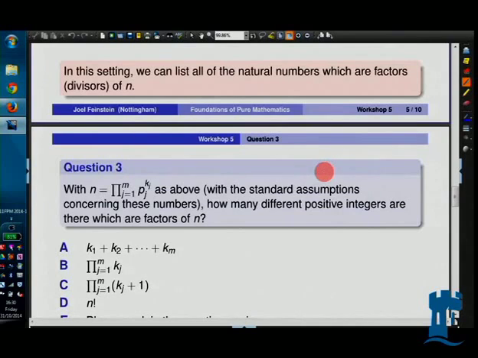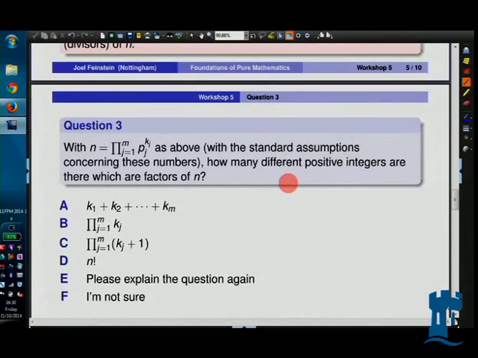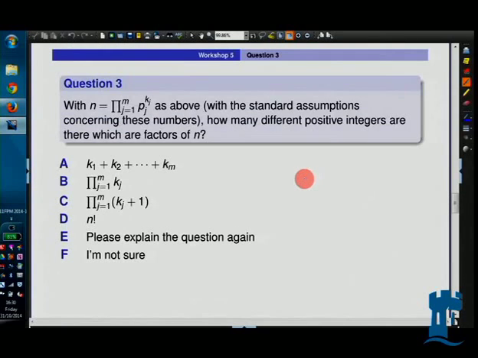So let me make sure I get rid of the votes. Okay, I've deleted all the responses. Your task, I'll give you a little bit of time to think about this. It should fit with what we did before. And your options are to add the powers, to multiply the powers, to multiply one more than the powers, or to take n factorial, which is n times n minus 1 times n minus 2 and so on, or any of the other options.